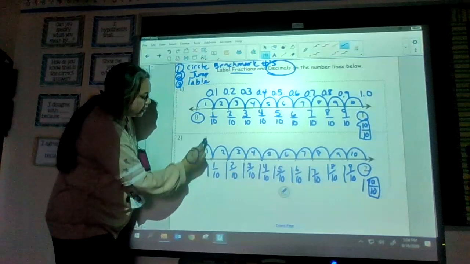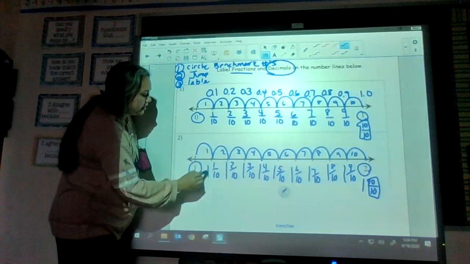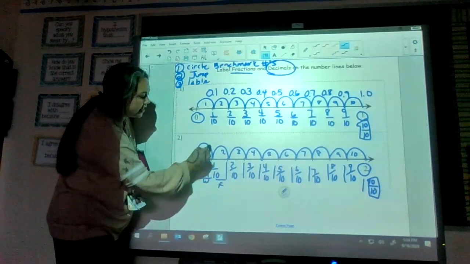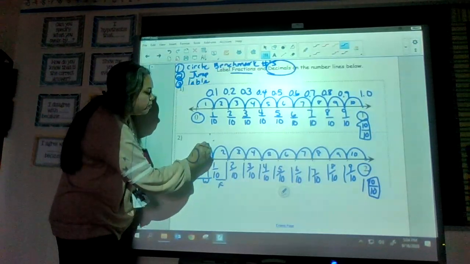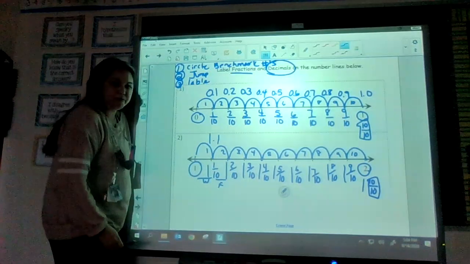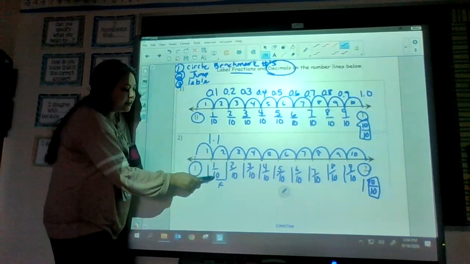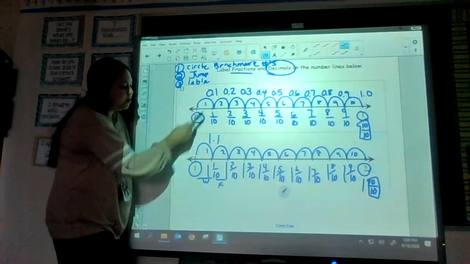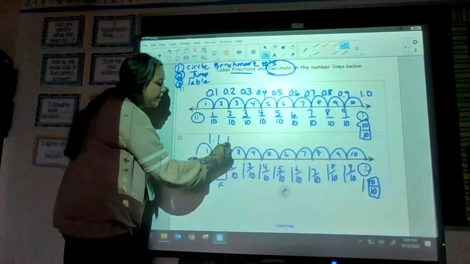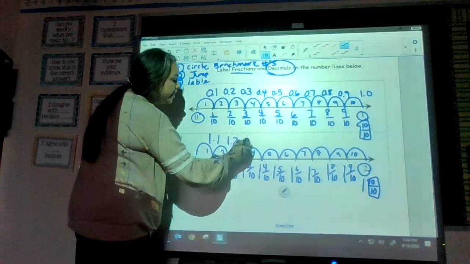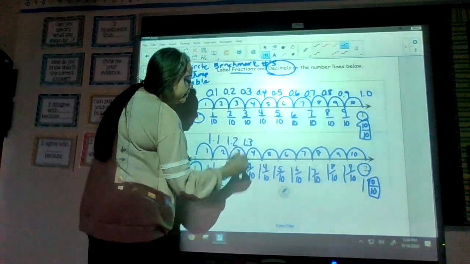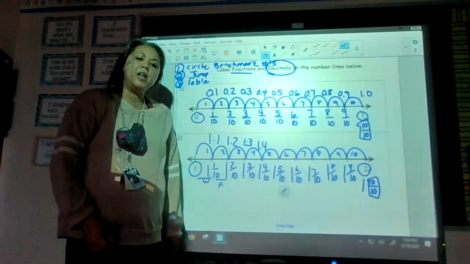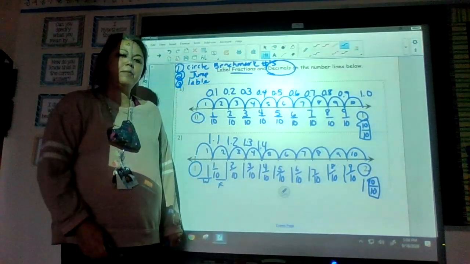So it's going to be one whole, because this is my whole number, this is my fraction, and my decimal would separate. So this would be 1 and 1/10. Remember the 1 isn't a number, it tells me it sits in the tenths place, just like we did up here, but now we're adding that whole to it. 1 and 2/10, 1 and 3/10. Oops, I want to see my decimal. 1 and 4/10. Go ahead and get yours labeled and pause this video until you get it labeled.